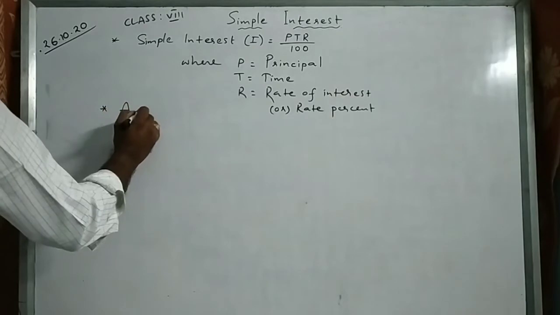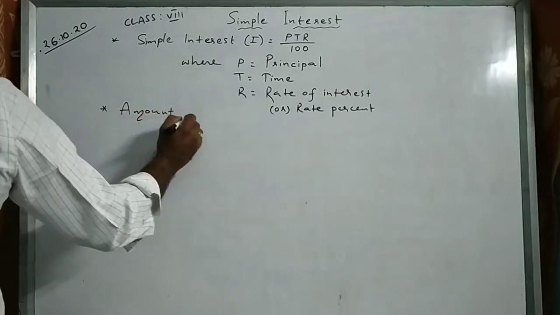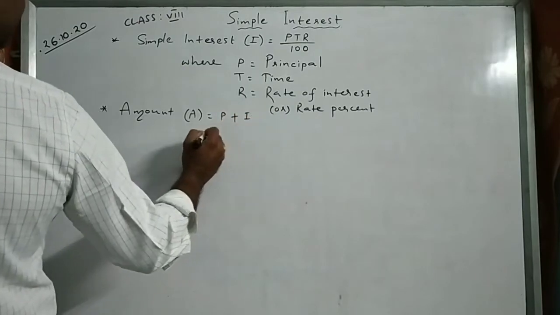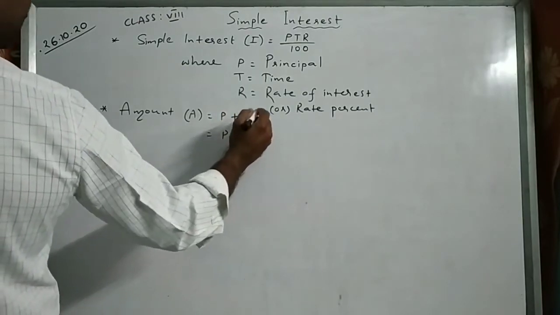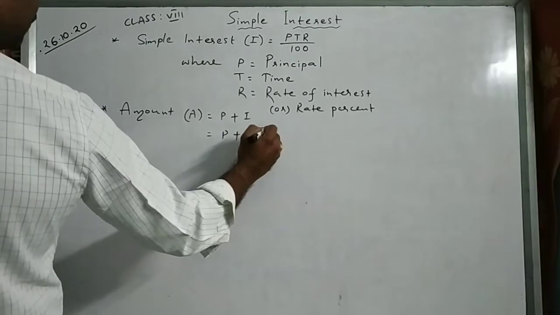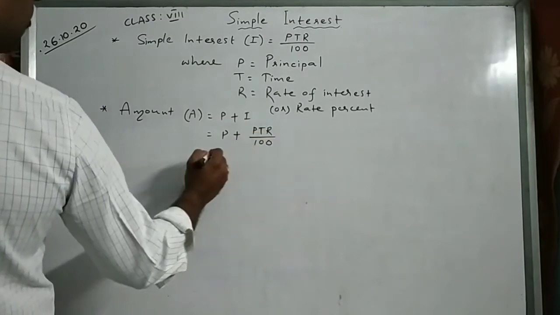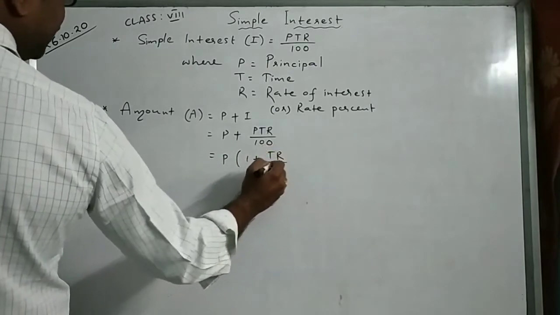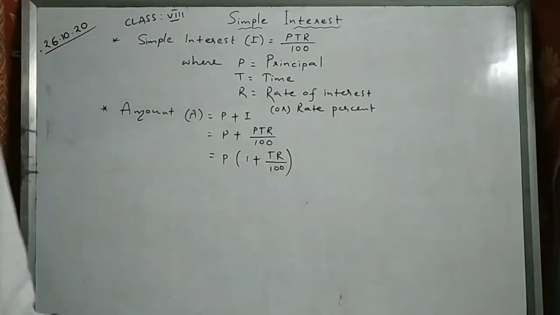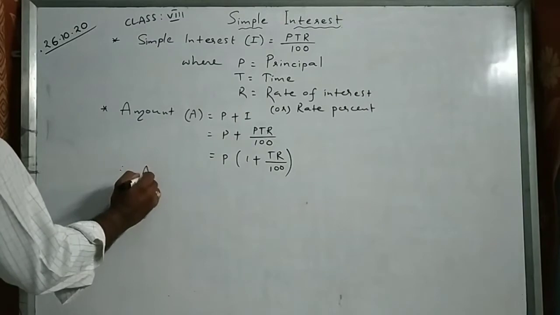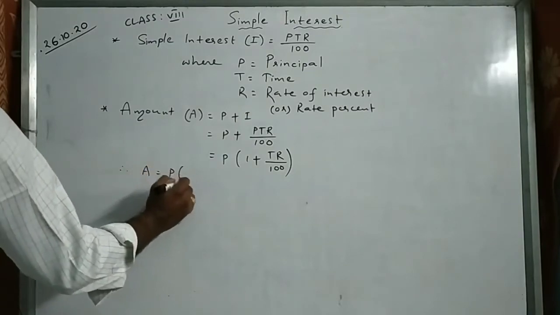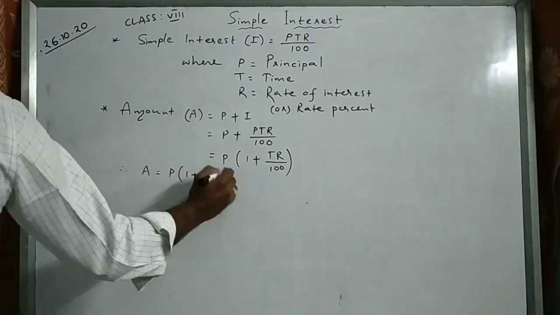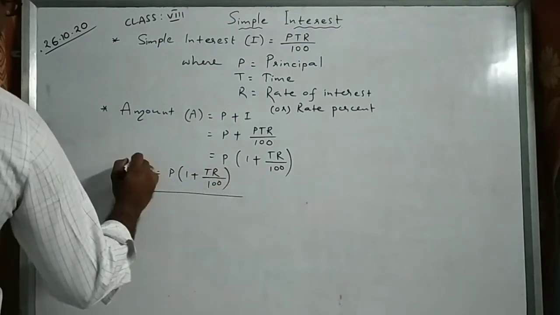So amount A equal to P plus I, means P plus what is I here? PTR by 100. So take P common, 1 plus TR by 100. This is the formula to find amount A. That means total amount when we repay to the person.